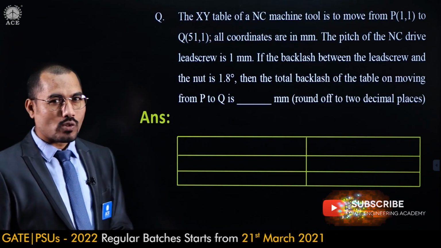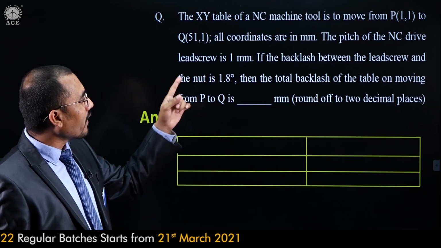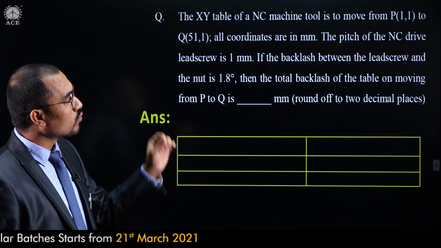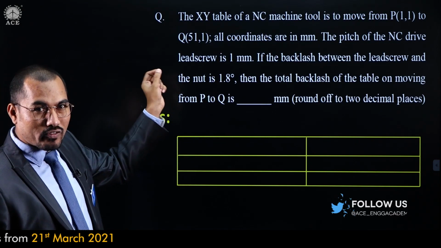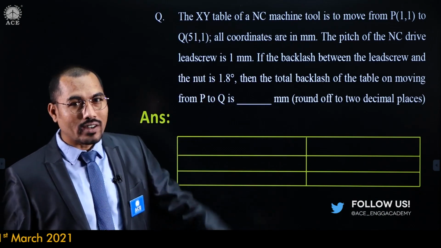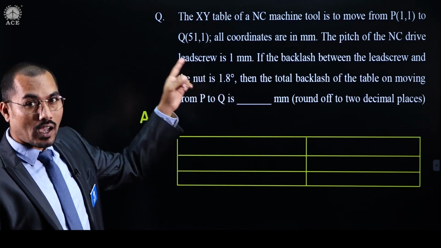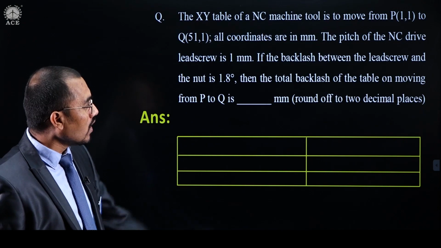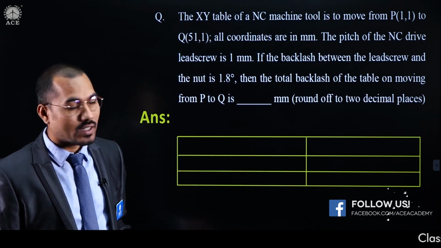Let's say the first question asked was: the XY table of an NC machine tool is to move from point P (1, 1) to point Q (51, 1), and all the coordinates are in mm. That means the dimensions given for points P and Q are in mm. The pitch of the NC drive lead screw is 1 millimeter.